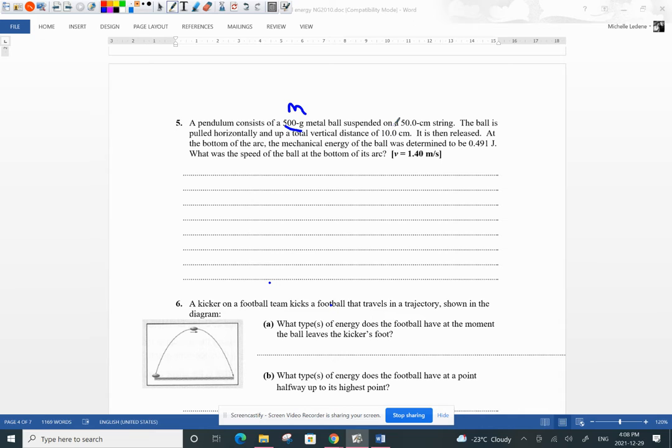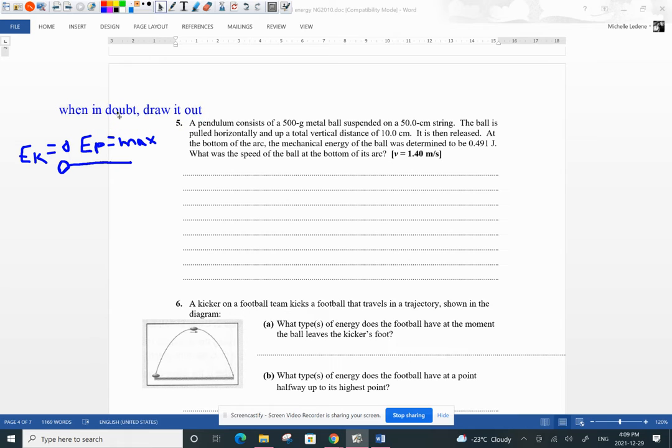It's suspended on a string, and it's pulled horizontally and up a distance of 10 centimeters, and then you let go of it, you release it. At the bottom of the arc, the mechanical energy is 0.491 joules. So, guys, one of my great pieces of advice, besides formula, substitute, math it out, do your final answer, is when in doubt, draw it out.